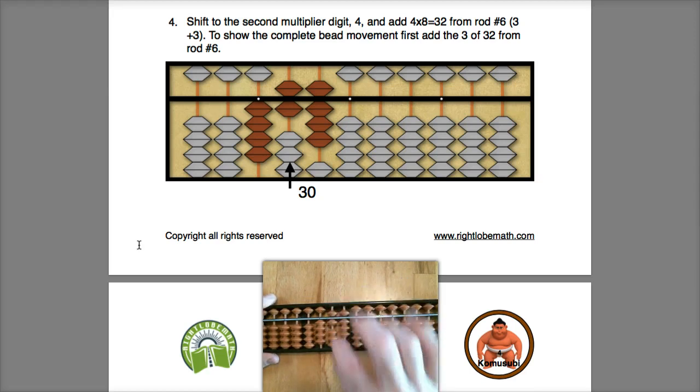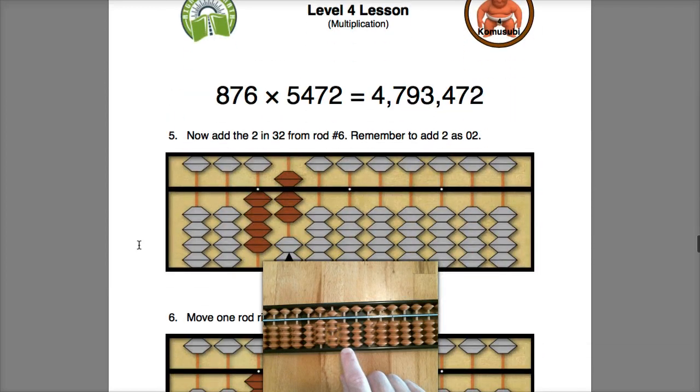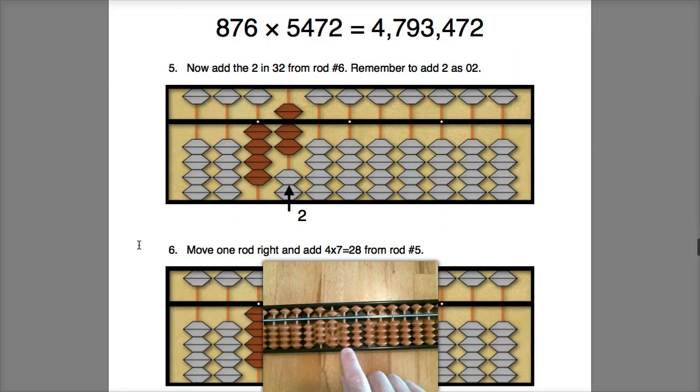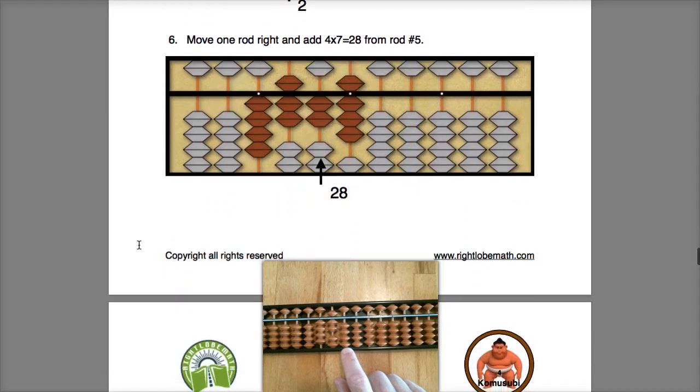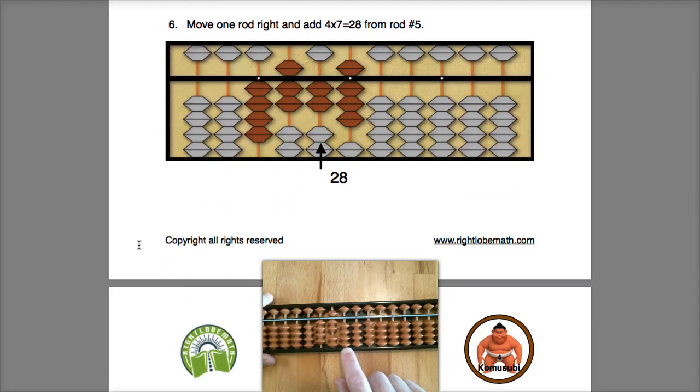So here we'll add our 3. And then we need to add 2 here. So that's a 10 pair. And I clear that 8 out to fully add the 32. Okay. Now we're going to move one rod right, and we're going to multiply 4 times 7, which is 28, and enter that from rod 5, so 28.